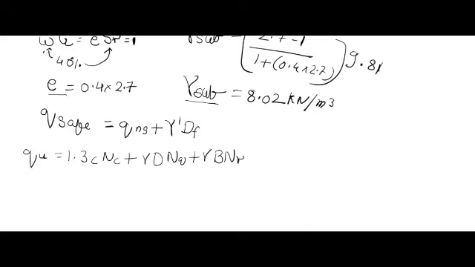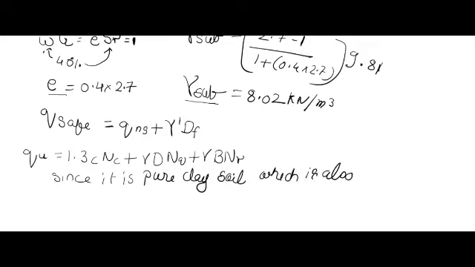Since it is pure clay soil which is also submerged, gamma becomes gamma submerged, that is equal to gamma dash.